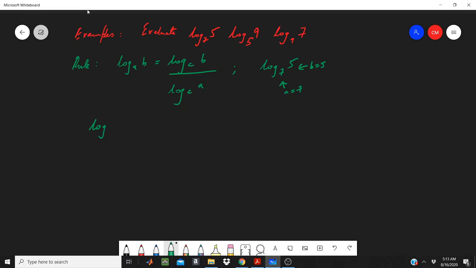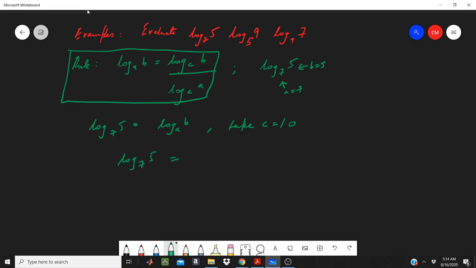So we have log_7 5 equals log_a b, where b equals 5 and a equals 7. Now using this rule that we've highlighted in green, we can take c to be equal to 10, and then we can write log_7 5 as log_10 5 over log_10 7.